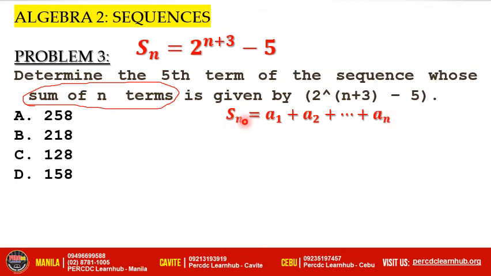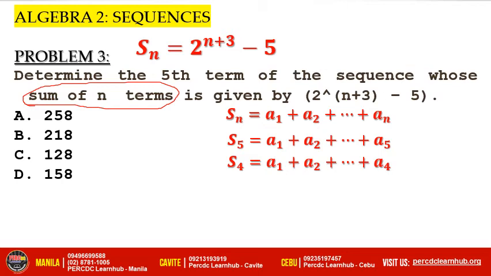So, therefore, when we say S5, ang S5 is from A1 plus A2 plus A3 plus A4 plus hanggang A5. Kasali yung A1, A2, A3, A4 hanggang A5. So, yan yung ibig sabihin ng sum of first 5 terms.